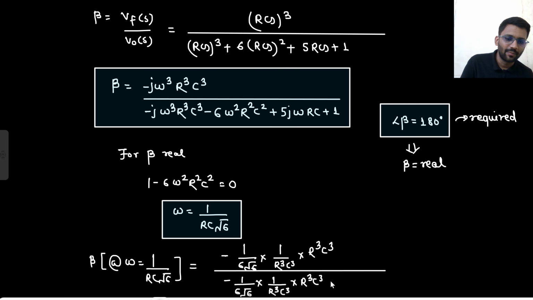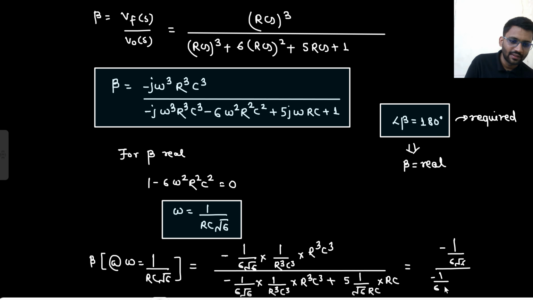This will go to 0 only, plus 5j, and j is going to get cancelled, 1 by root 6 RC into RC. So what are you getting? Minus 1 by 6 root 6 divided by minus 1 by 6 root 6 plus 5 by root 6, because RC all are getting cancelled. So minus 1 by 6 root 6 divided by minus 1 by 6 root 6 plus 5 by 6.